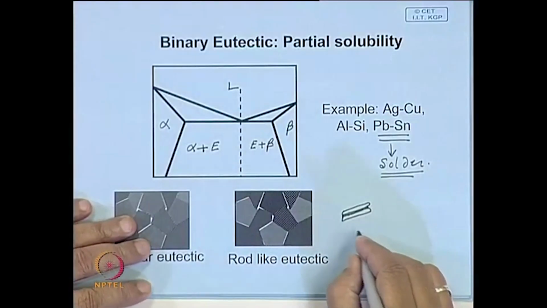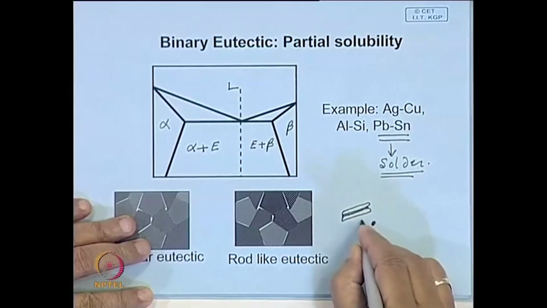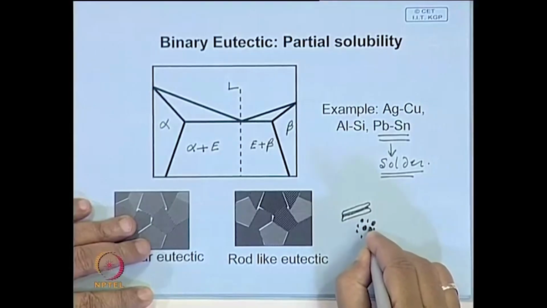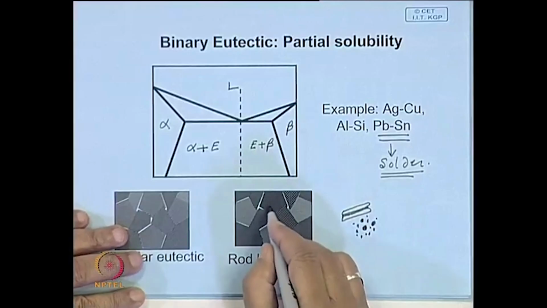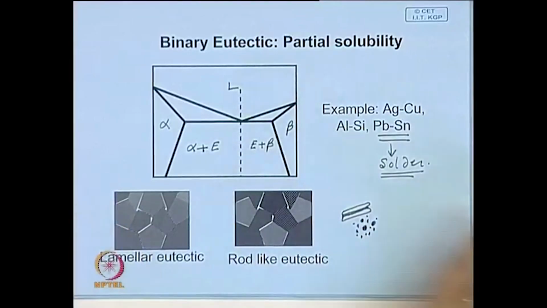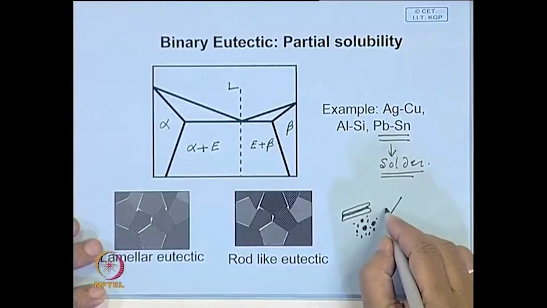Similarly, you can also have this type of structure. If alpha precipitates out, the surrounding is beta, then again alpha precipitates out. So you can have a very intimate mixture with rod-like precipitates, which is schematically shown in this diagram, the next one here. Certain irregular structures are also possible, where maybe one phase is like this.